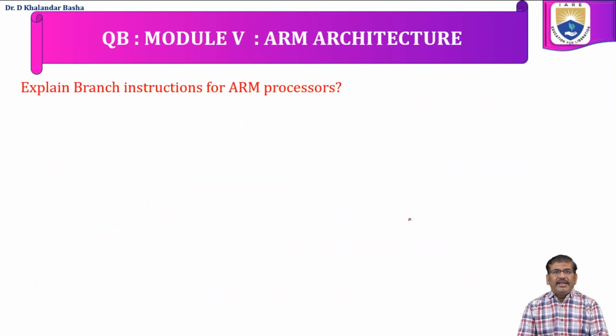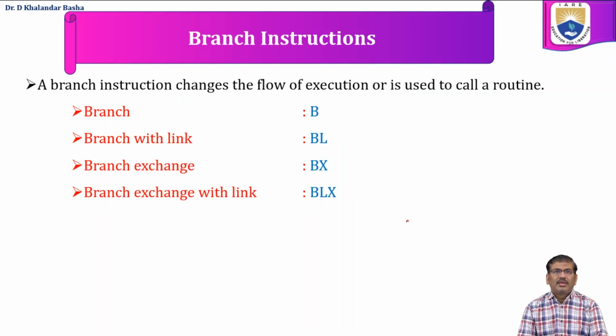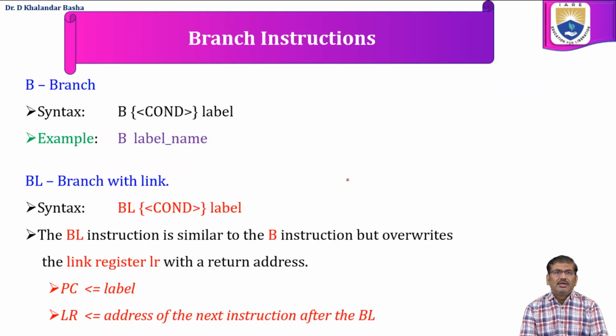The next question is: explain branch instructions for the ARM processor. A branch instruction changes the flow of execution or is used to call a routine. The various branch instructions are branch (B), branch with link (BL), branch with exchange (BX), and branch exchange with link (BLX).